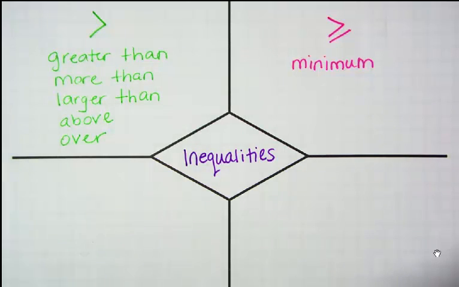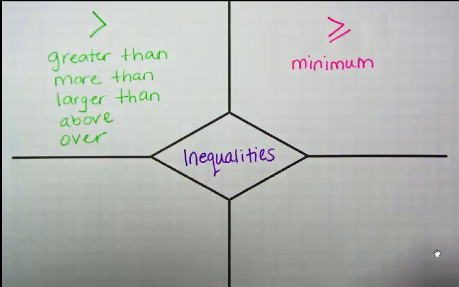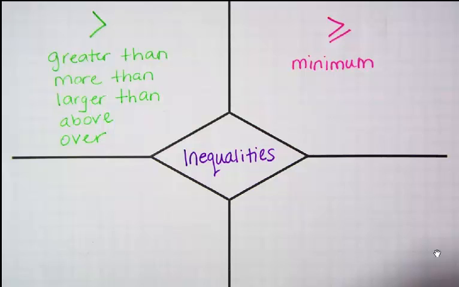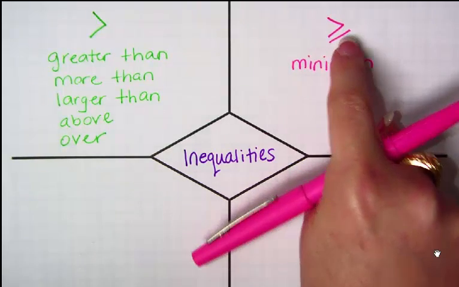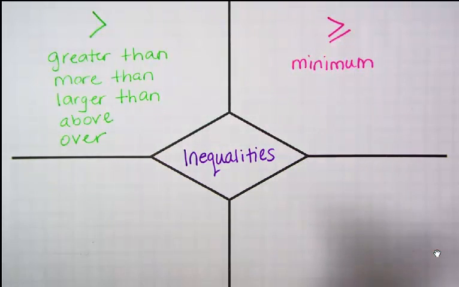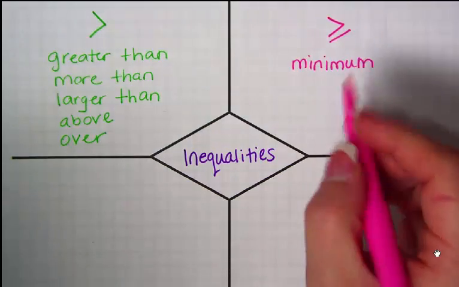So if I'm saying that the minimum toll is $4, that means that the very least it can be is $4. It can be more than $4, but it can't be anything lower than $4. So the toll itself has to be greater than or equal to $4. So that's why minimum goes with that greater than or equal to symbol.